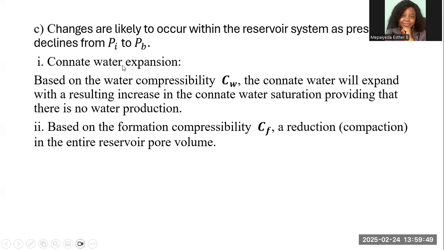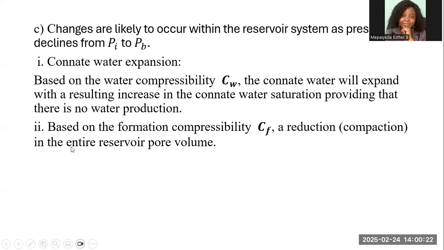You know, your connate water expansion, that's the interstitial water, the water within the reservoir system, your SW, will expand as oil is produced. So as the oil is produced from the pores of the reservoir, the water in the reservoir expands further, based on the water compressibility. Although there is no water production, you have to take note of that, there is expansion of the connate water as oil is produced.